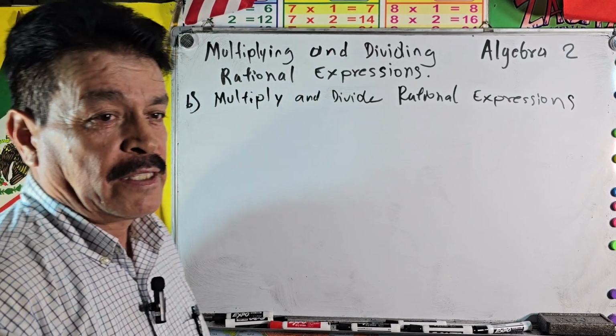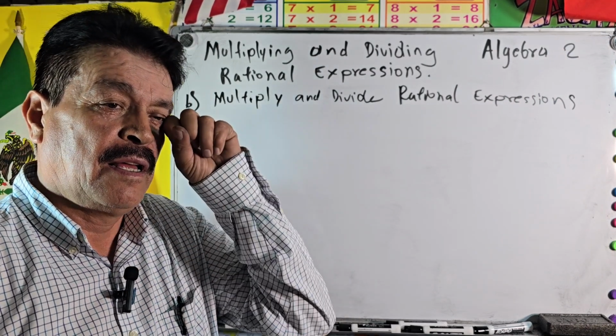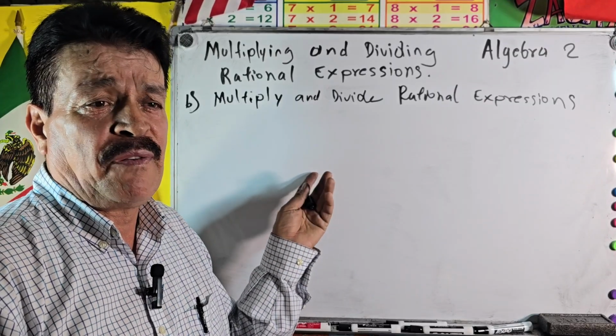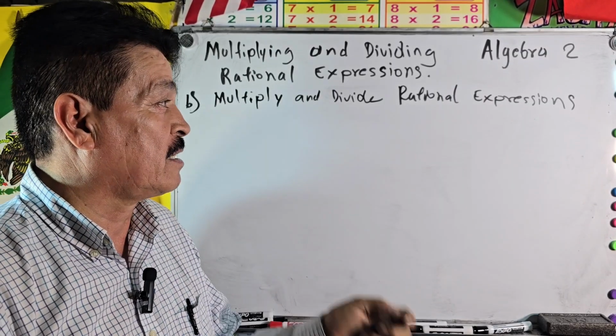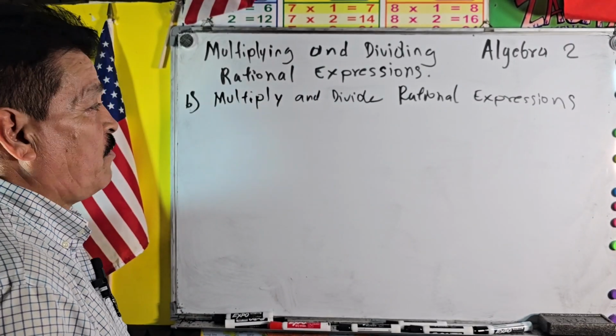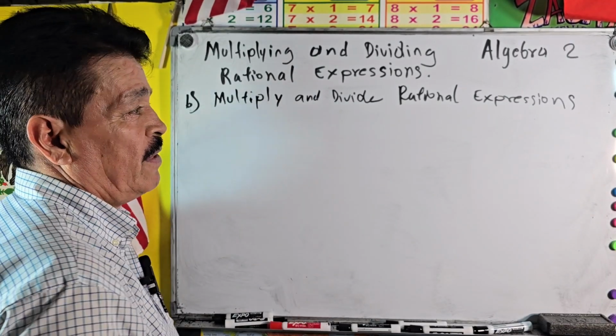All right. When you multiply and divide expressions, you simplify the expression, and we have to get the answer in simplest form.